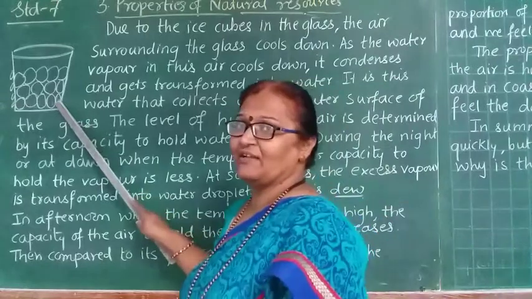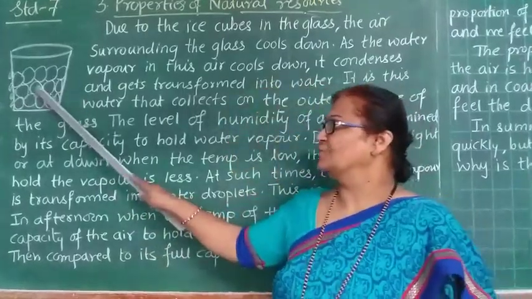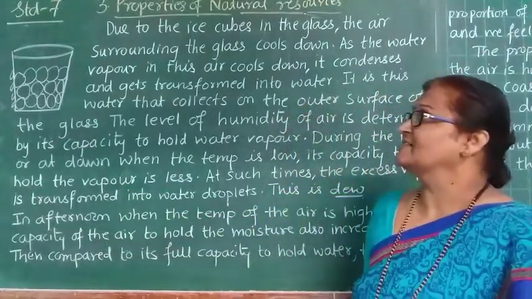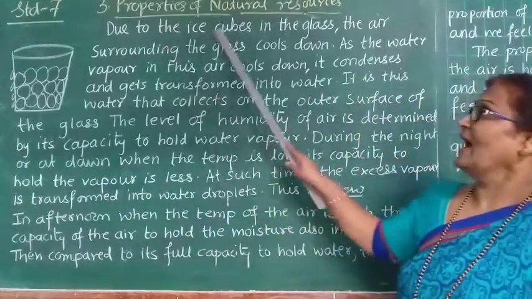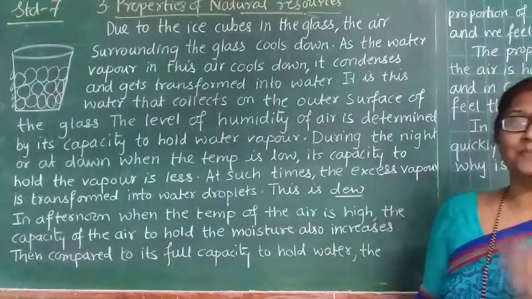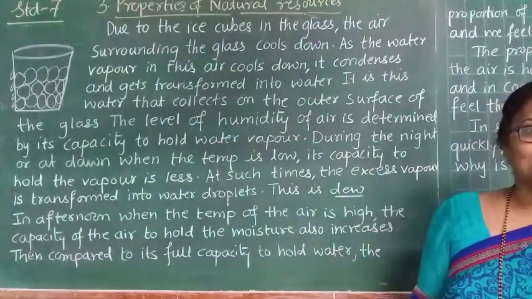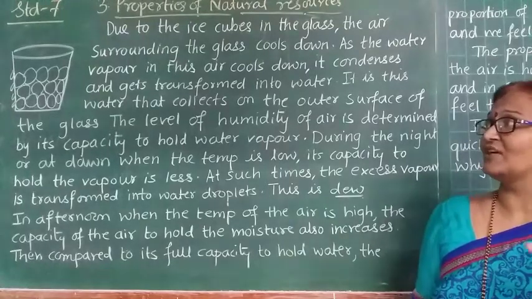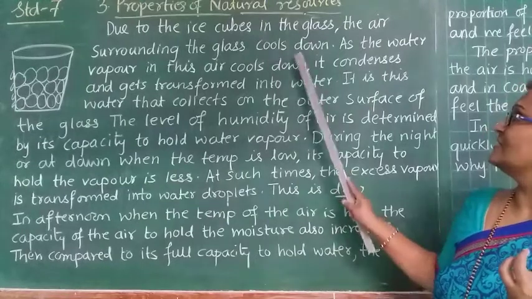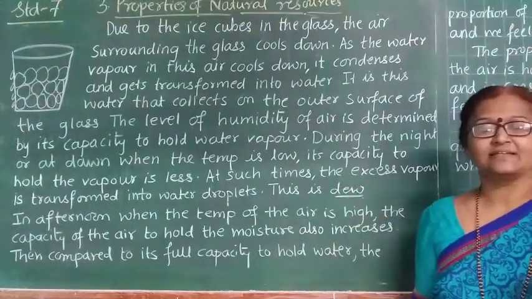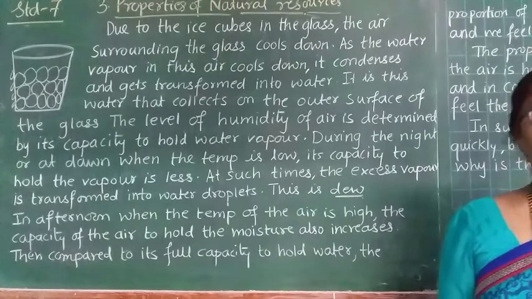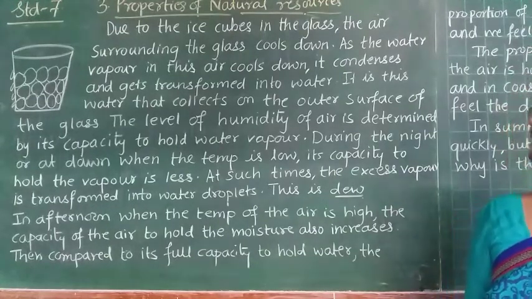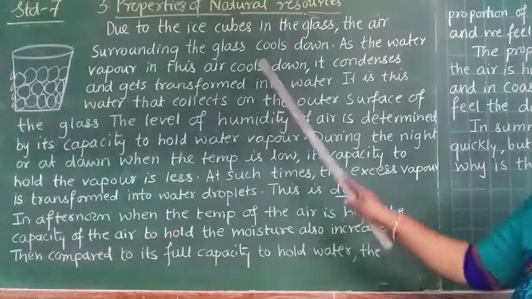See here, you have to take a glass and put ice cubes in it. What does this tell us here? Whenever you put ice cubes into a glass, the surroundings of the glass cool down, the temperature surrounding the glass cools down, and as a result the water vapor in this air also cools down.